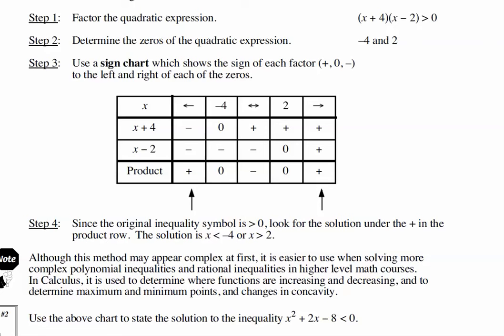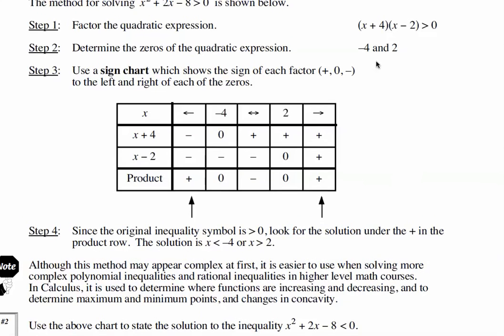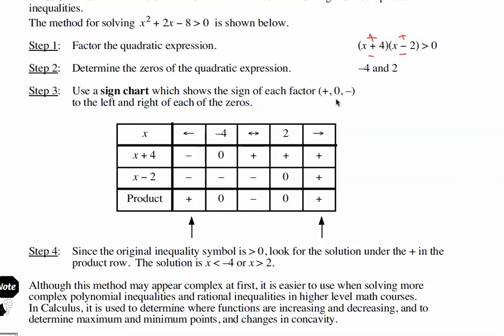Also stop and take notice of how similar this is actually to case analysis. In case analysis, we looked at this and we said, well, if both x plus 4 and x minus 2 are positive, then I will have a solution. And if both x plus 4 and x minus 2 were negative, positive, positive, negative, negative, both of those provided solutions where the product of these two terms was greater than 0.